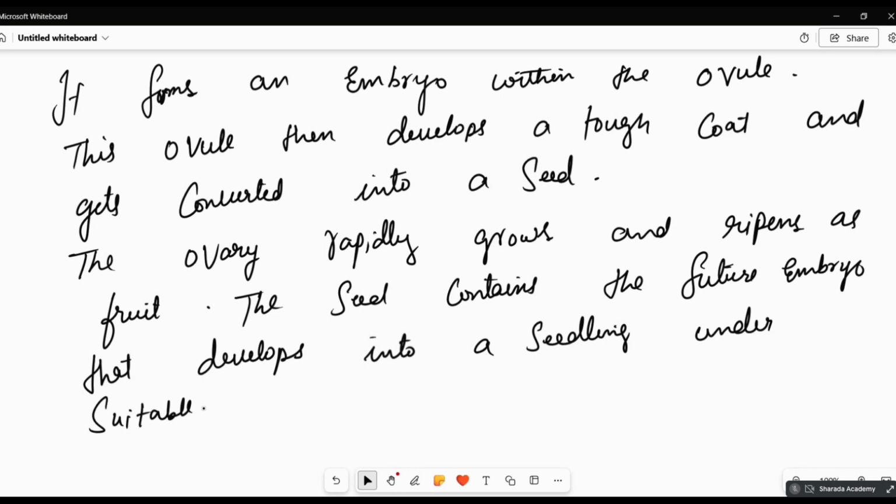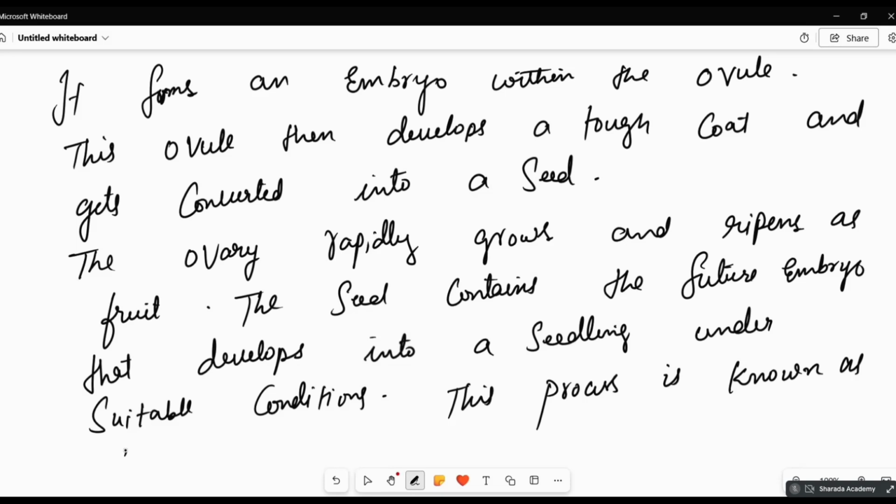It develops into a seedling under suitable conditions. This process is known as germination.